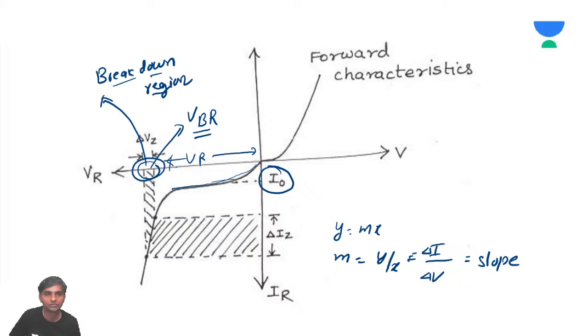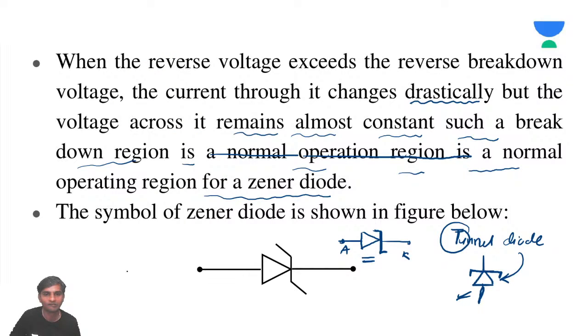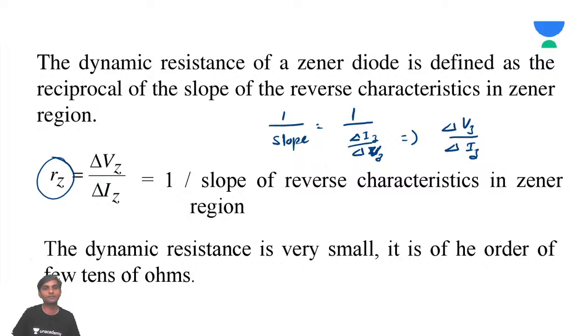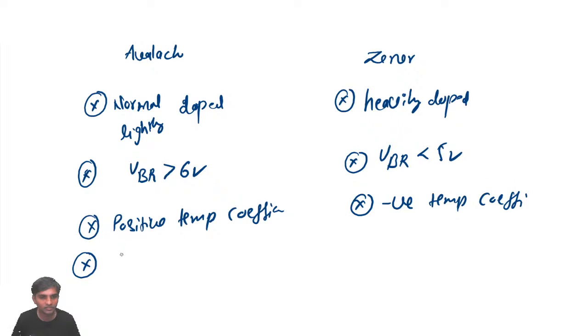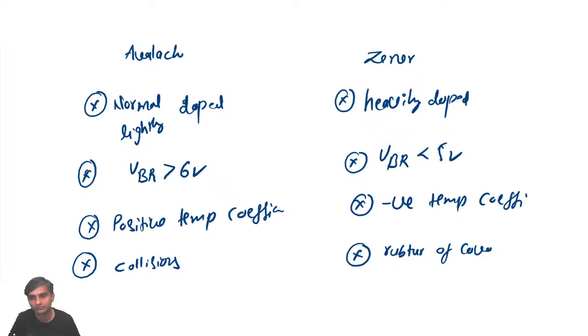Avalanche breakdown is because of the collisions, and Zener breakdown is because of rupture of covalent bonds.